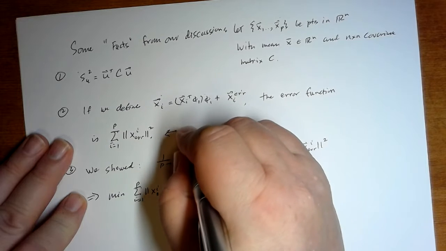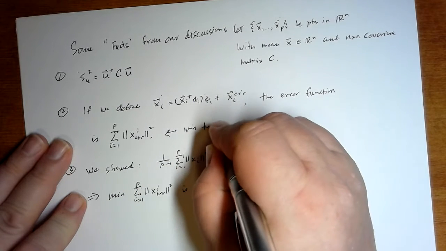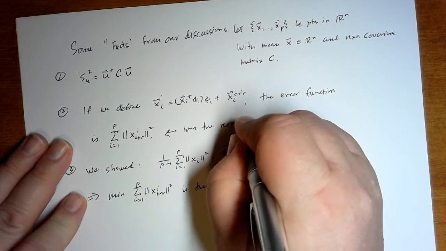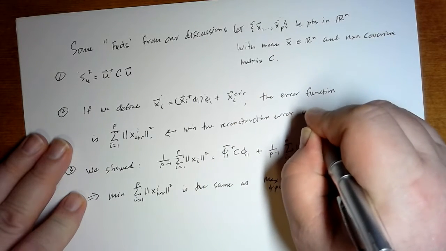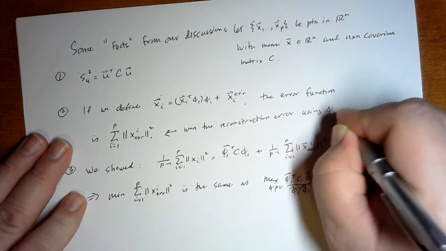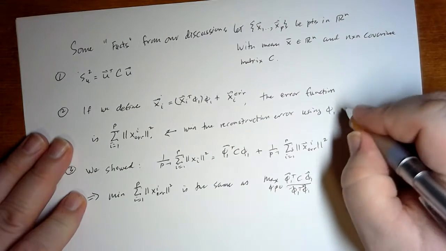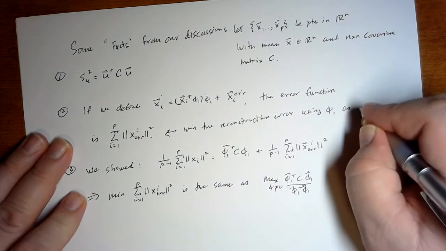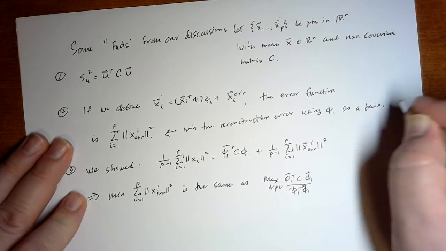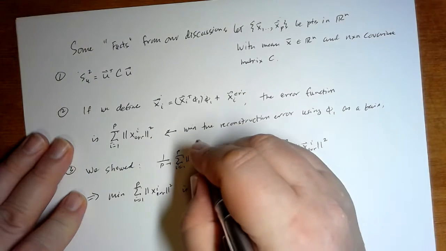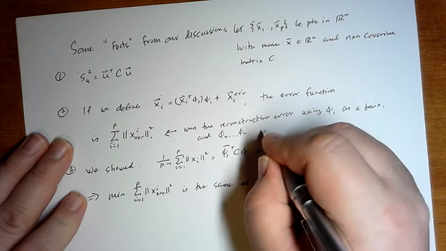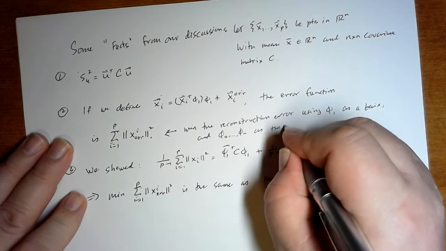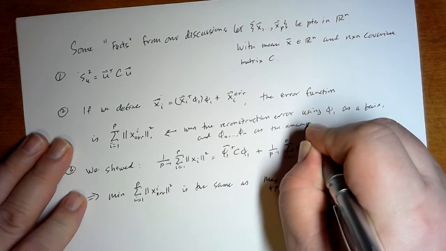What reconstruction? Using phi1 as the basis, and so that's using phi2 through phi-n as the remaining basis.